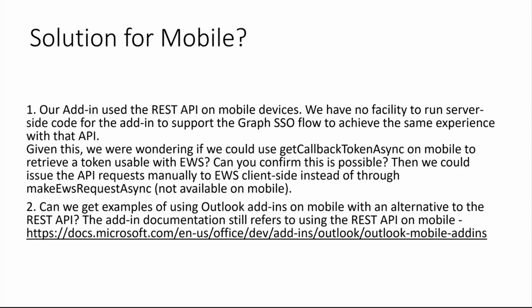Right now we don't have a good answer on get callback token, so we have some more time to offer a solution here. My team is going to be working on trying to get an alternative to get callback token so that you can at least use EWS. But again, here the workaround, unfortunately, is going to be to move to the server and make the call from the server.